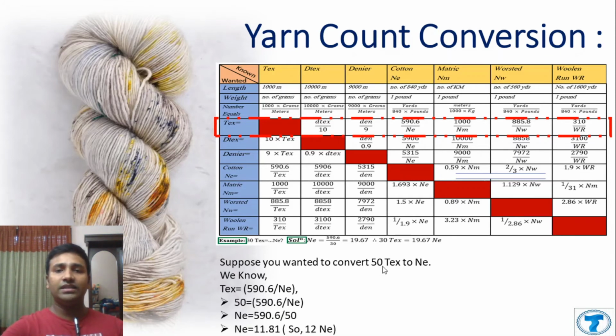We want to convert that 50 tex into Ne, so put the value of tex here, and 590.6 divided by Ne. We want the value of Ne, so Ne will be unchanged. Then you just calculate and you will get the value of Ne easily. You can see the value of 50 tex is 11.81.